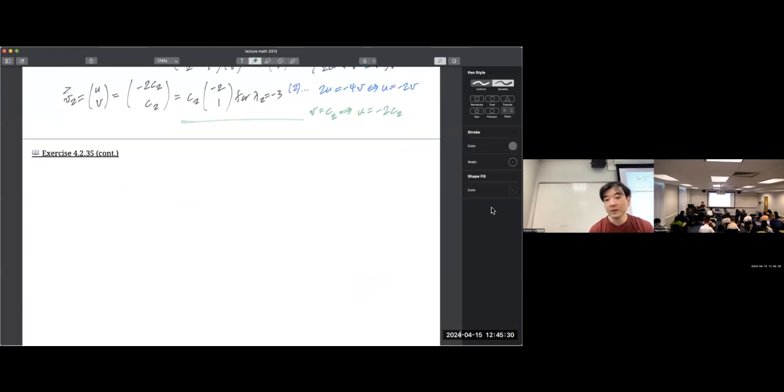Recall the solution forms: x of t is equal to u e to the lambda t, and y of t is equal to v e to the lambda t.